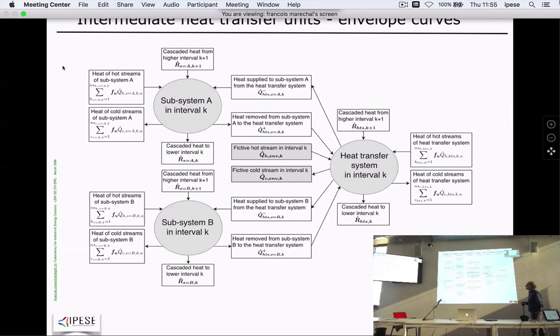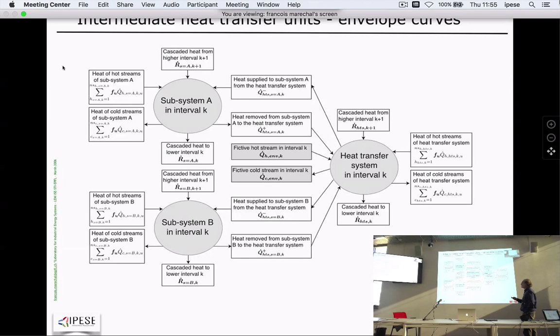So how do I calculate this value? I have again the same heat cascade for subsystem A, the same heat cascade for system B, and the heat transfer system that is already defined. I'm going to add 2 streams for which I will write specific conditions. The heat of this one has to be equal to the sum of the heat of this one.